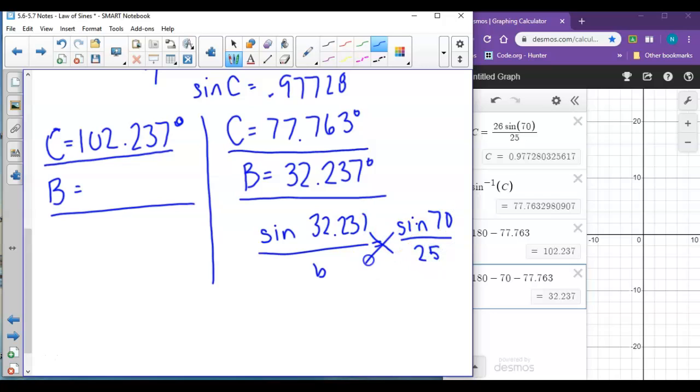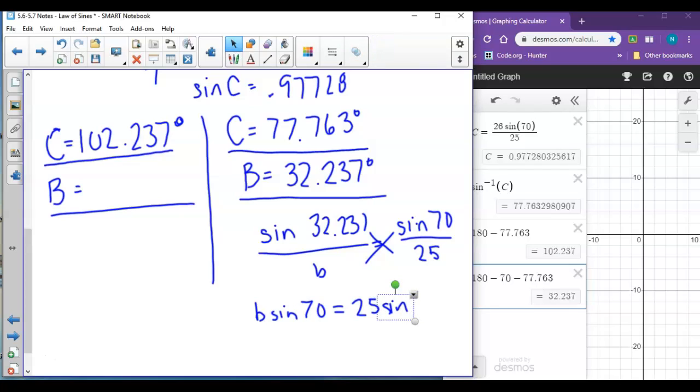And so we'll cross multiply. B sine 70 is going to equal 25 sine 32.237, and we'll divide both sides by sine 70.